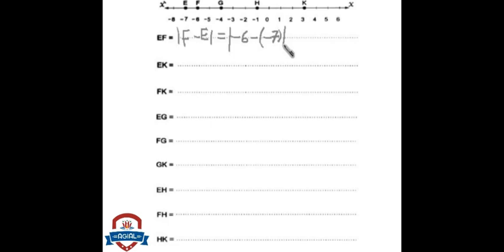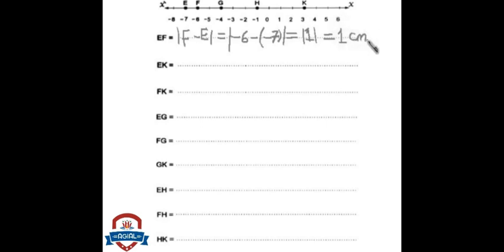The absolute value of -6 minus -7 equals the absolute value of -6 plus 7. -6 plus 7 equals the absolute value of 1. The absolute value of 1 equals 1 centimeter.